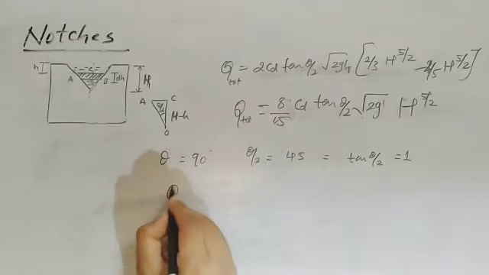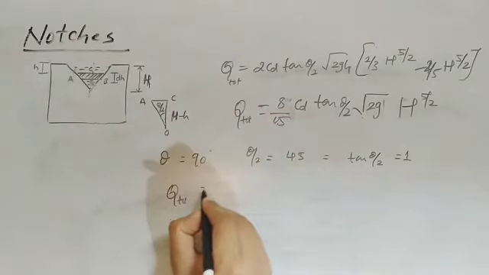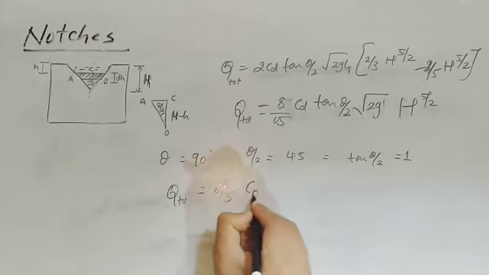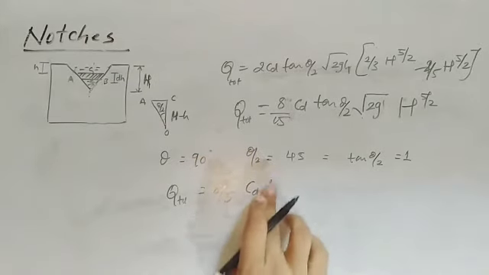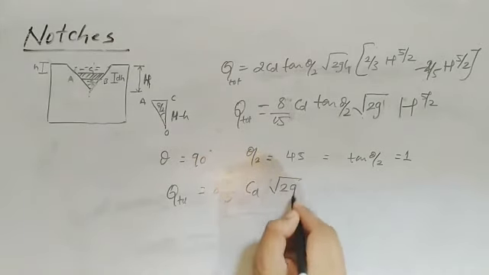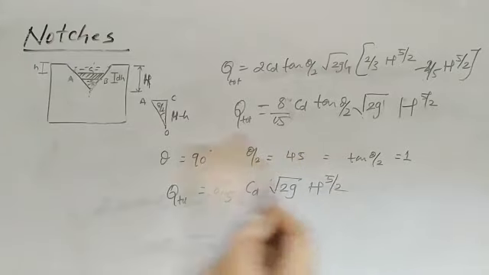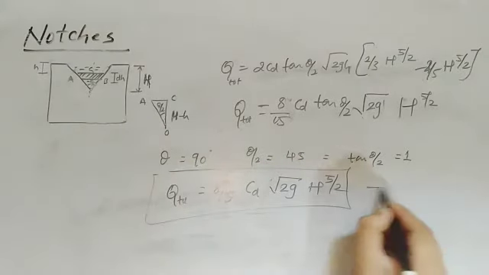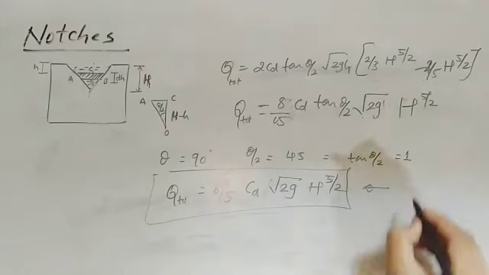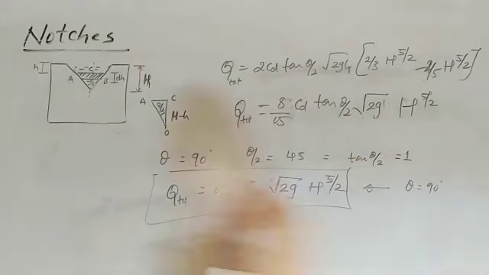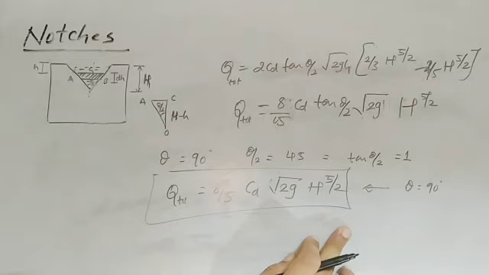Now the Q total through this notch will be 8 by 15 Cd root 2g H to the 5 by 2. Now this is for a right angle, that is when theta equals 90 degrees. When theta is different, you can use the earlier equation. So this is the actual discharge, or total discharge, through the triangular notch.